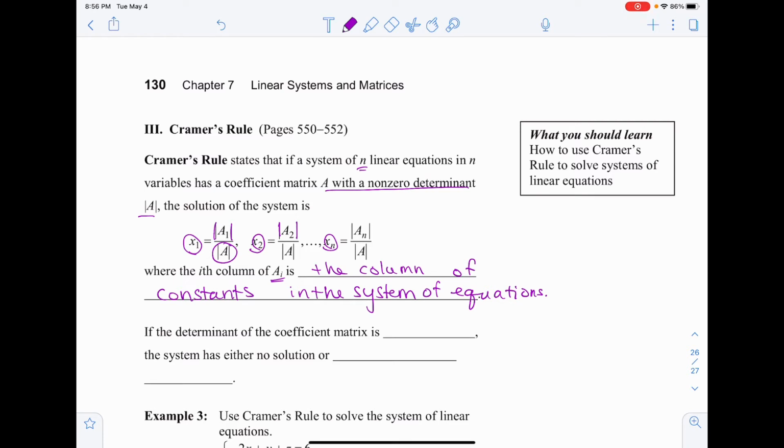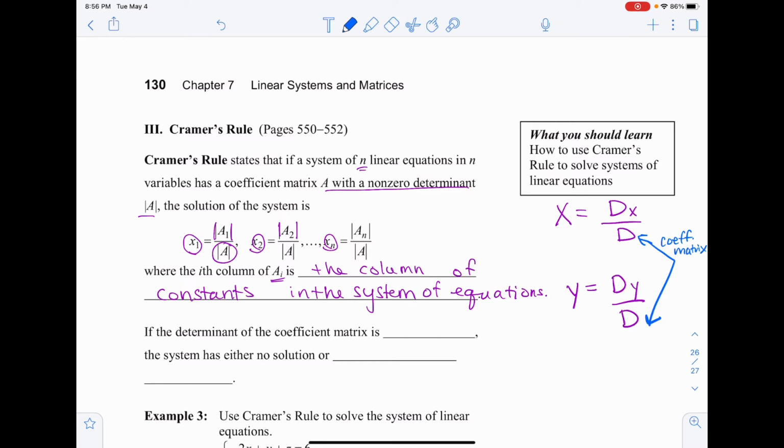So we're going to talk about what that means. So for example, if you're looking for x, we're going to take the determinant of the adjusted matrix x divided by the determinant of the coefficient matrix, and the value of y, we would take the adjusted determinant of y divided by the coefficient determinant D. So this D is the coefficient matrix determinant, and that's really important that you know that.